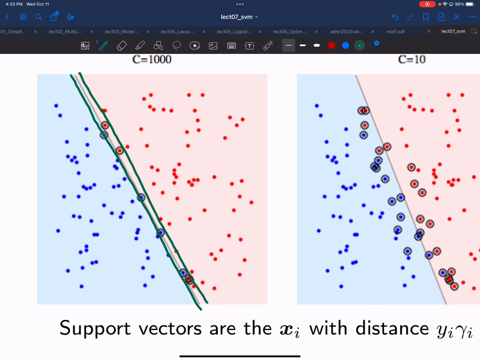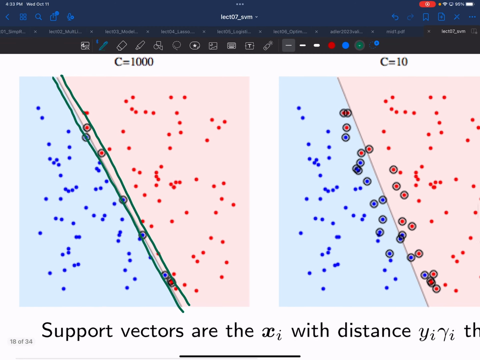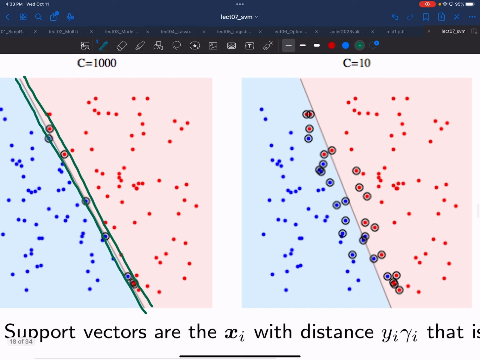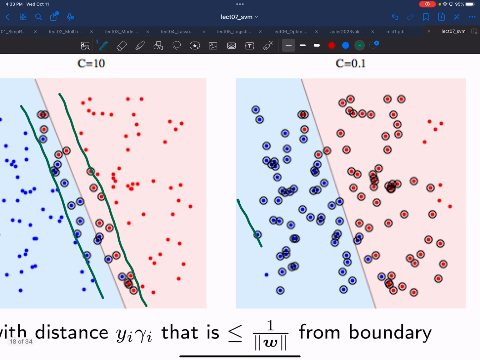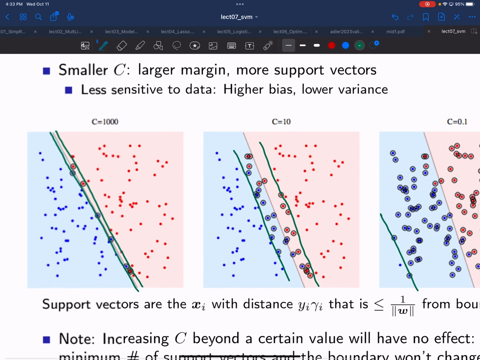It's very narrow. On the other hand, now if we decrease C from 1,000 to 10, you can see that now the street has gotten wider. And if we decrease C from 10 to 0.1, now the street is super wide. Because in this case, when we set up that optimization problem, we said what's most important is not violating that margin constraint.